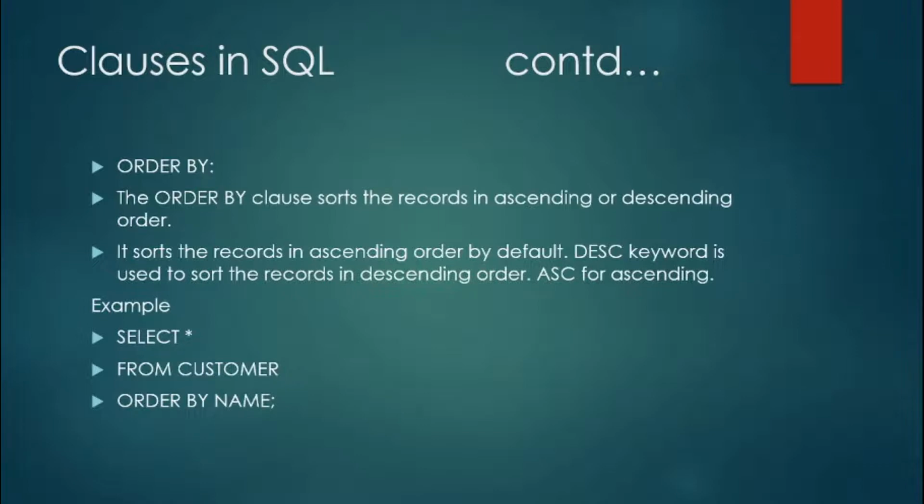If you want to specify the order, you have to use the keywords DESC and ASC. In the example, select star from customer order by name, it will by default sort your records in ascending order.